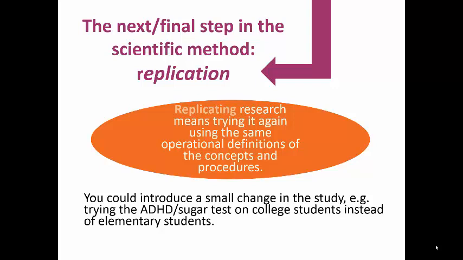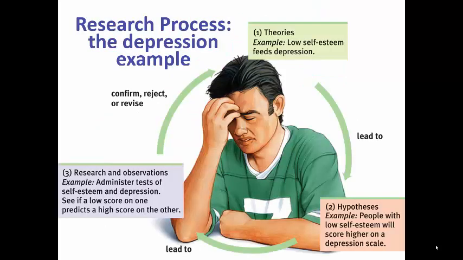The best way to do this is not to use the same population, but to move to another lab, another area in the country, another group of children of different ethnic origin, backgrounds, etc., or even another country altogether, to make sure that what we found in one place is not just an artifact of something that's going on in that place, that it's really proving the hypothesis. You can also introduce a small change in the study, such as trying the ADHD sugar test on college students instead of elementary students to see if it would work.